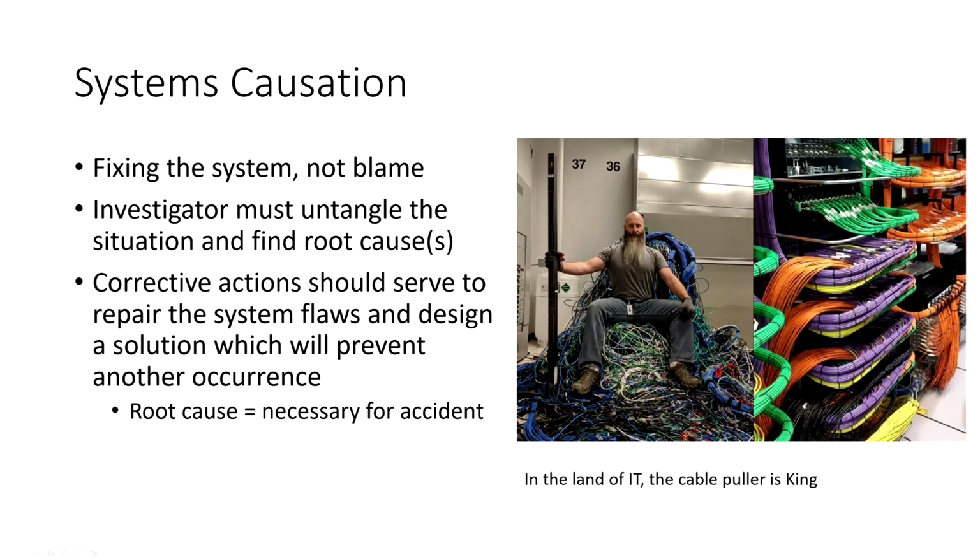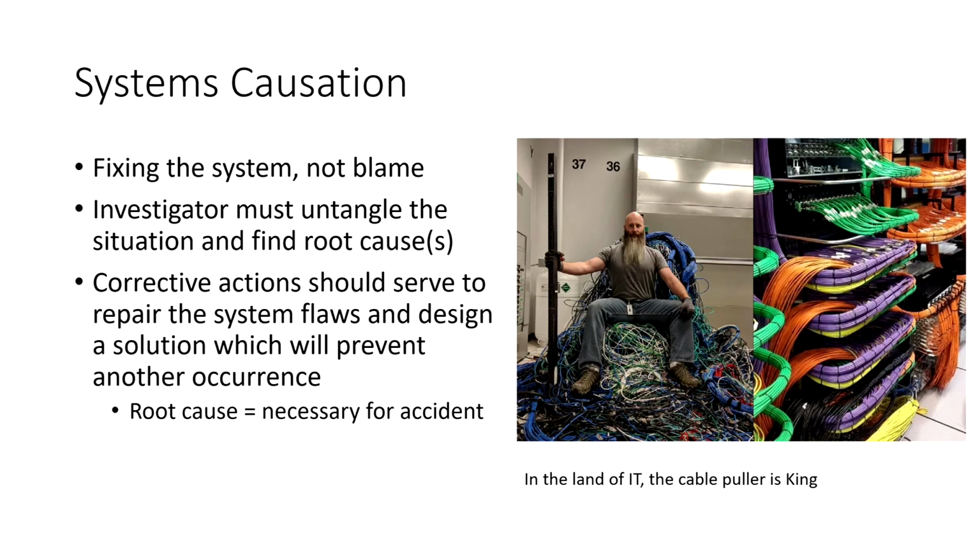So when we look at what our role is from a human performance perspective, relative to system causation, we should be focused on fixing the system, not blaming what occurred.